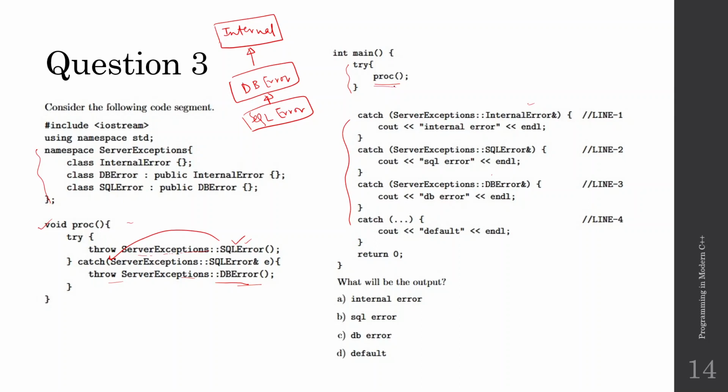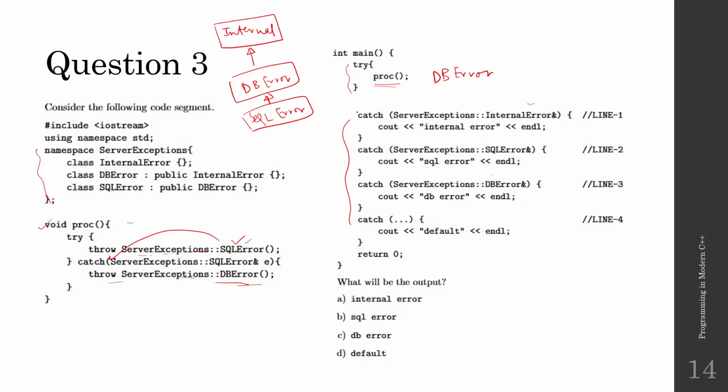Now the proc function is throwing a DB error. Now as you can see, there are no virtual functions here, and we know that we can upcast also. So DB error is also an internal error.